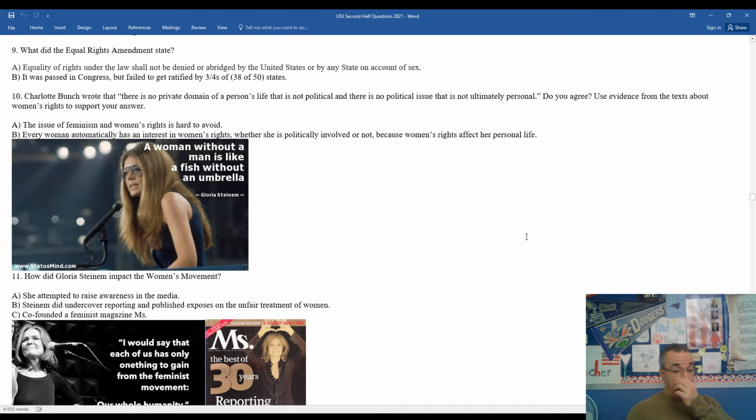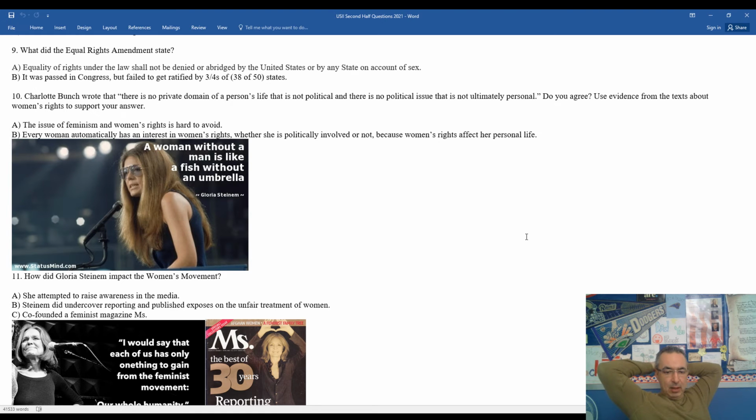One of the more famous women during the women's movement was Gloria Steinem, pictured above. She was quoted as saying, "A woman without a man is like a fish without an umbrella." If you don't get the meaning, it means that a woman does not need a man. How did Gloria Steinem impact the women's movement? She attempted to raise awareness in the media.